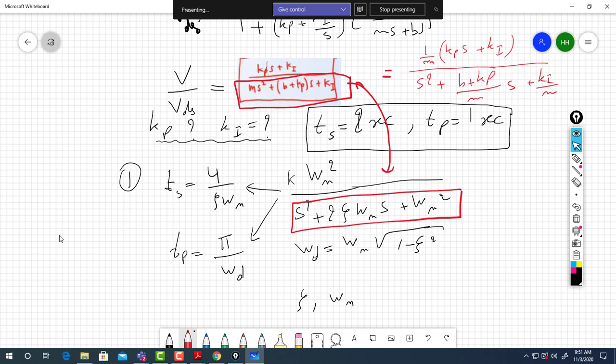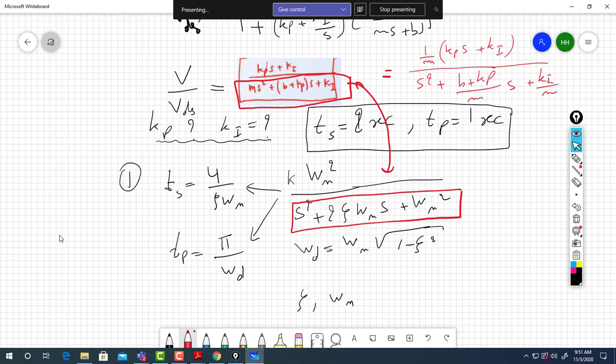As a first order approximation, it means you can find some parameters for kp and ki from which you can at least start tuning. So you know some parameters that give you a settling time and peak time close to your requirement, but not exactly equal to your requirement. Because if you want exactly equal, you need to compare a canonical system with a canonical system.